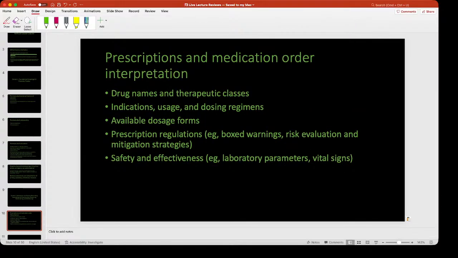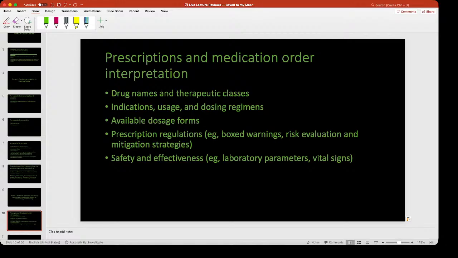So these are the things that we have kind of looked at in our top 200 drug list. You can refer to those presentations in our Farm Bits playlist. But definitely understanding the drug name, the therapeutic classes, indication, usage, dosage regimens. That's all very basic information, and I think that will be very vital information throughout the whole exam.